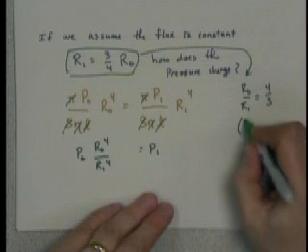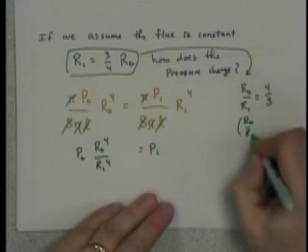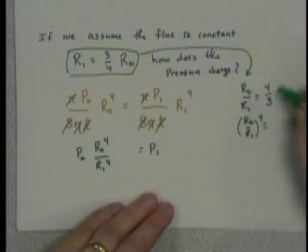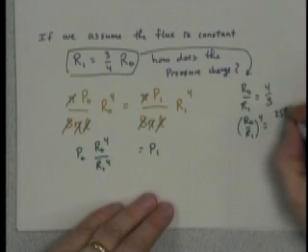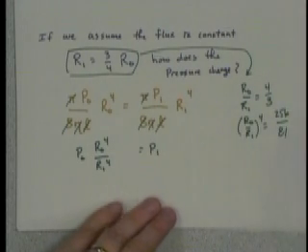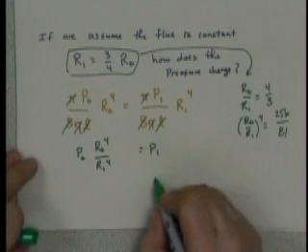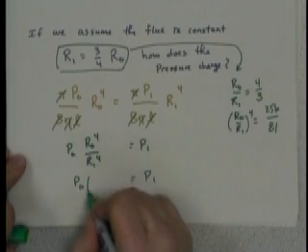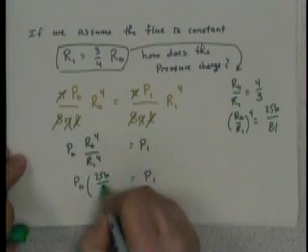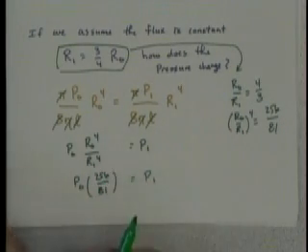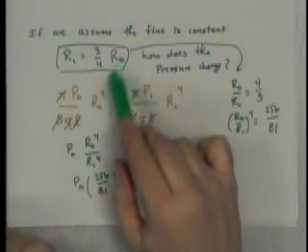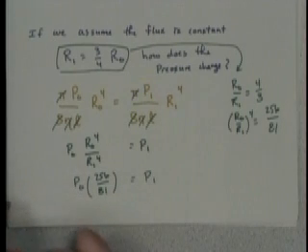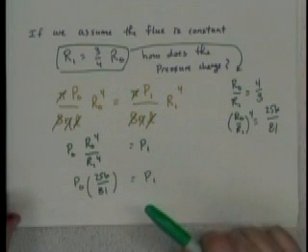If I take that to the 4th power, it's 256 over 81. So my new pressure equals my old pressure times 256 over 81. So, although my radius is only 3/4 of what it was, in order to get the same flow, the pressure has to be more than 3 times what it was.